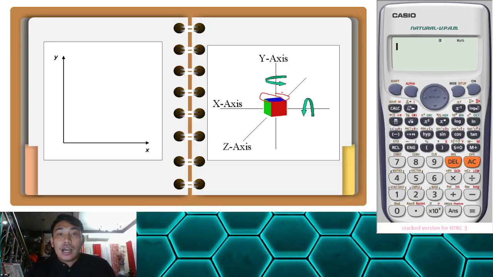Okay, so that is our three-dimensional motion. So that's the difference between the two. We have an additional axis, which is the z-axis, and the x and y axis, or the two-dimensional motion, can only be seen in one perspective.